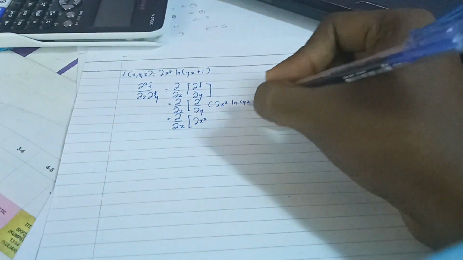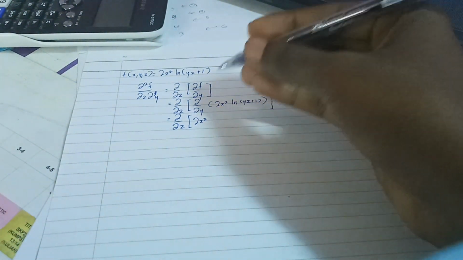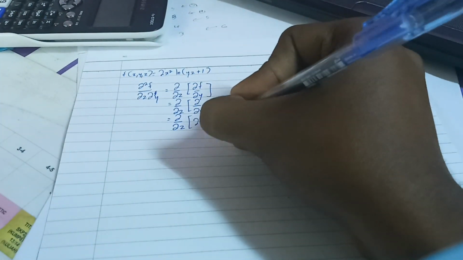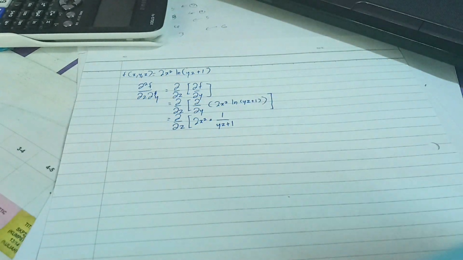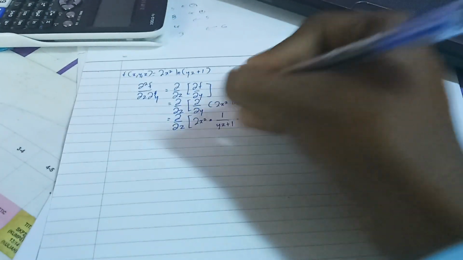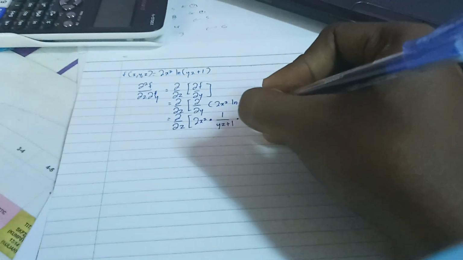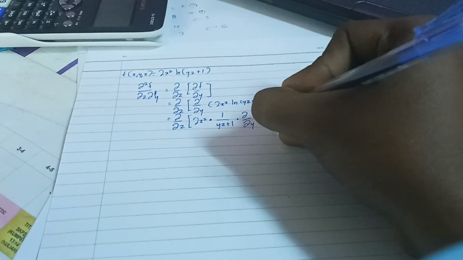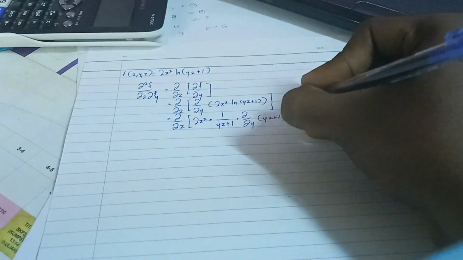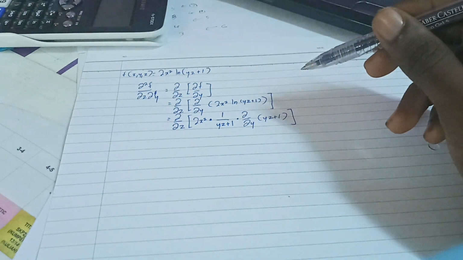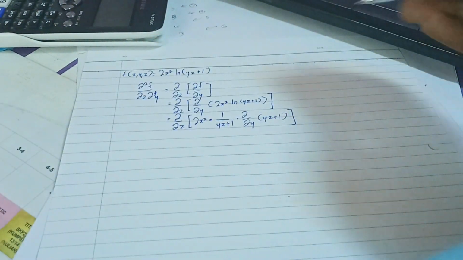So we just write it in the denominator form. So we'll get 1 over yz plus 1, then times delta over delta y of yz plus 1. Now we can understand it better because we have written it in the easiest form.